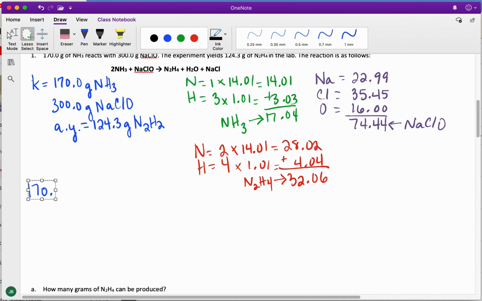I think it's a little too high. All right, let's get started again. So we have 170.0 grams of ammonia.